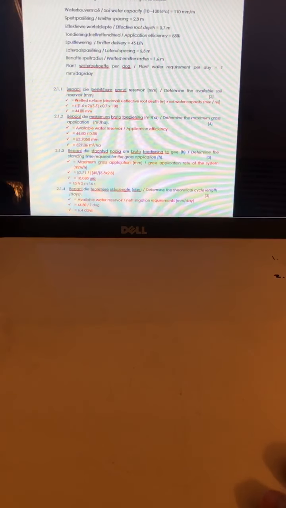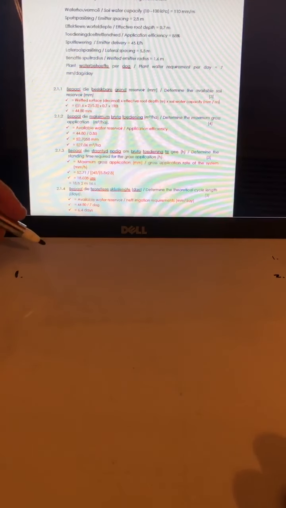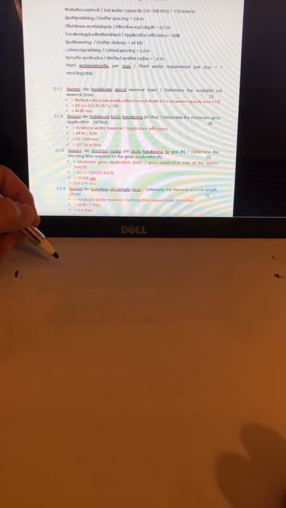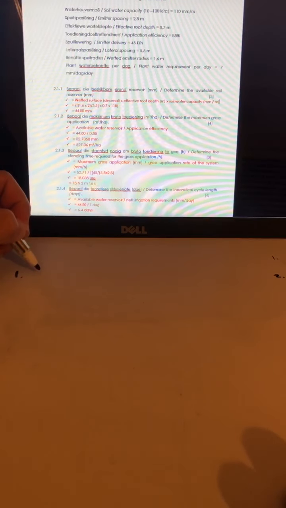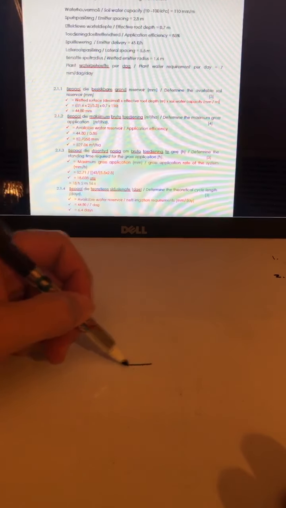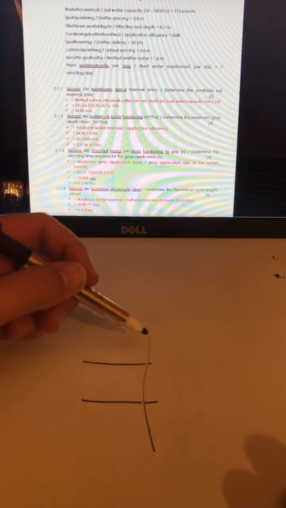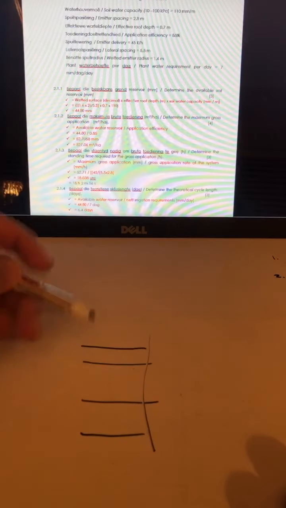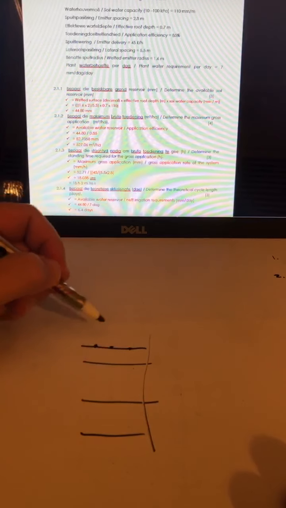That means you want to determine how much space is in the soil for the water to fill up. You take the wetted surface, which is the radius multiplied by the lateral spacing. Just to show this on a sketch, maybe this is your main line and these are your laterals, and you have a bunch of emitters.